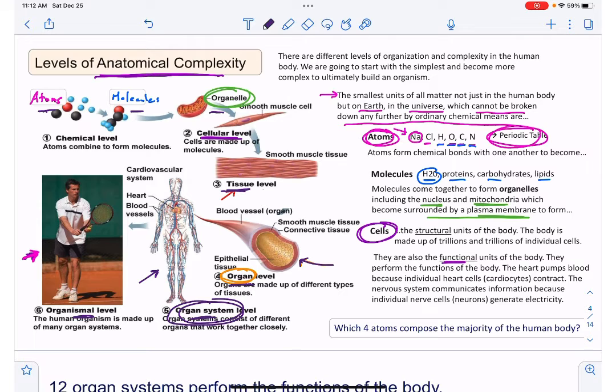We're going to cover this entire range of anatomical complexity. And so when we do, it's important to be able to orient yourself and to say, okay, I'm at the organismal level now, or at the organelle level now. I'm at the tissue level now. Okay, now we're back to the molecular level. Okay, it kind of gives you a blueprint of where we're at in the body and the different structural level that we're talking about.